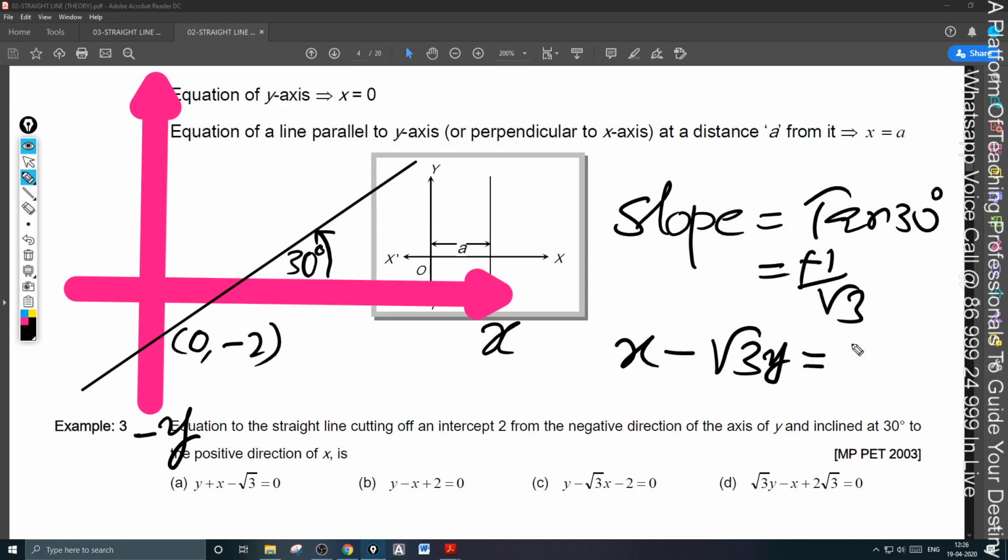Substitute the point 0, minus of minus 2 into root 3, 2 root 3. This is the answer. Check it out. x minus root 3y plus 2 root 3. This is the answer. Hope you understand that.